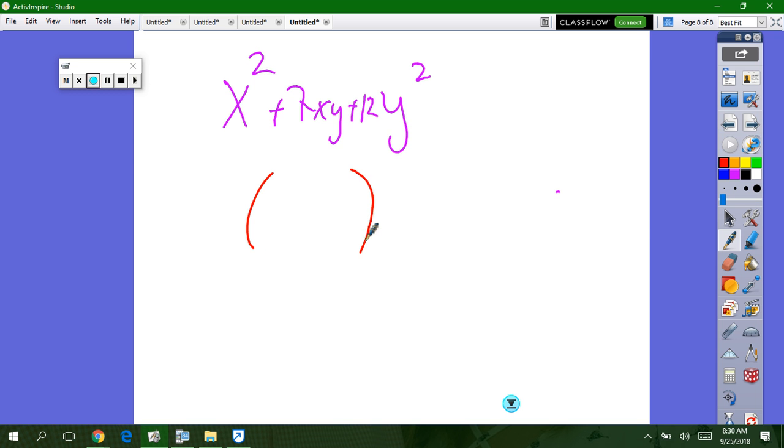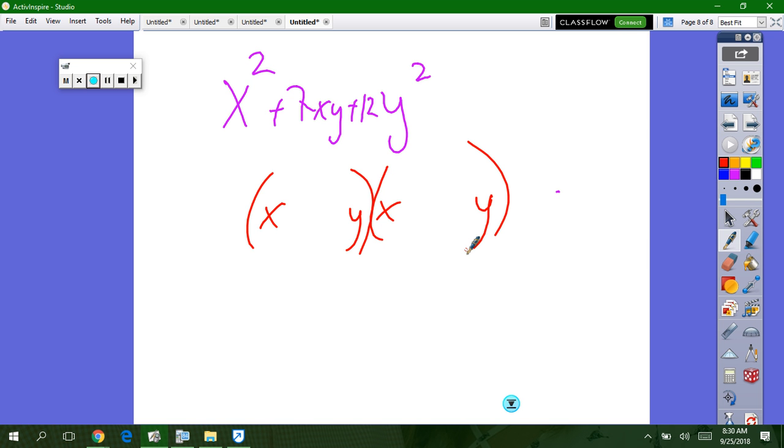How do I get to an x squared? I need an x here and an x here. Do you guys agree with that? How do I get to a y squared but still have the terms x, y? I need a y squared and a y, right? Y times y would give me a y squared, but notice I'll have an xy and an xy. Do you guys agree with me on that?